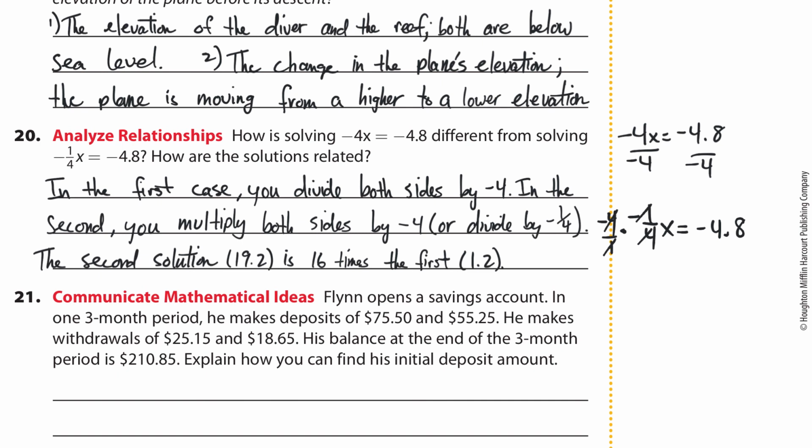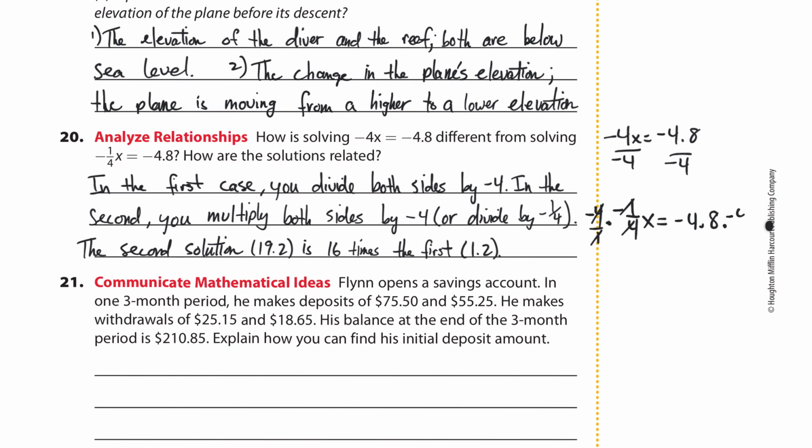Multiplying by negative 4 on both sides would solve that. And so this is equal to 19.2, which is this right here. And then in the other one, this is equal to 1.2, which is this one.